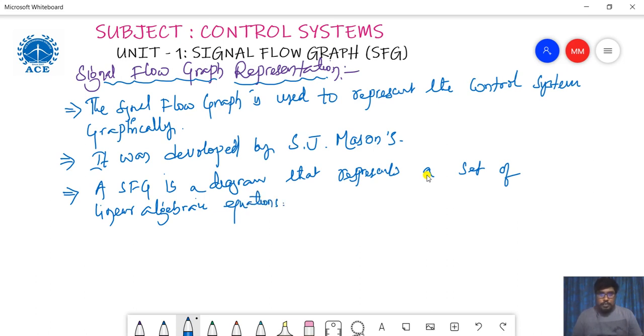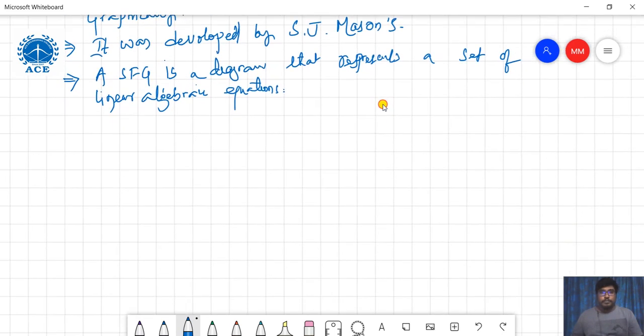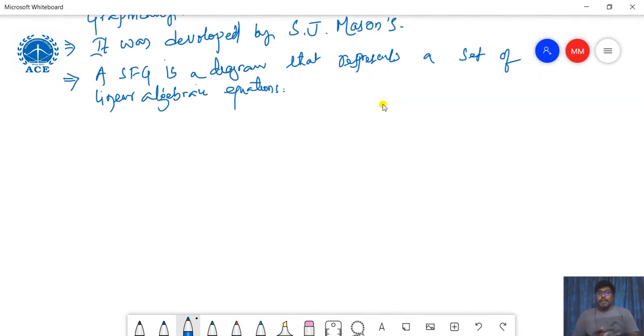The next point is the major point, about which I have already given some information. The signal flow graph approach and the block diagram reduction technique approach will provide the same information. What is the difference?